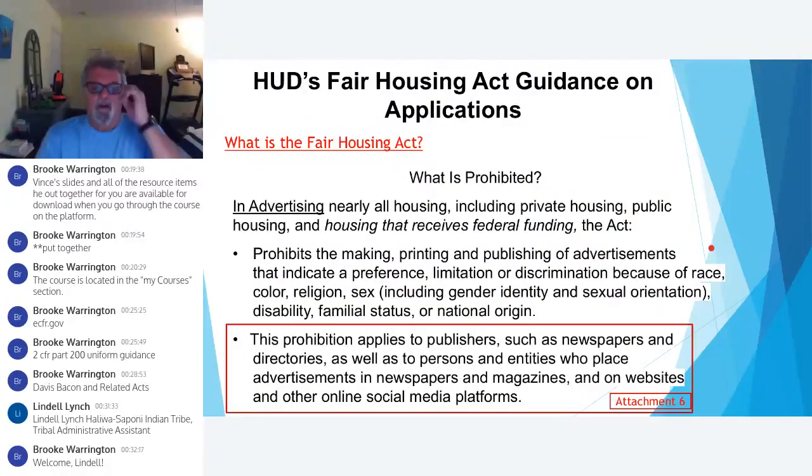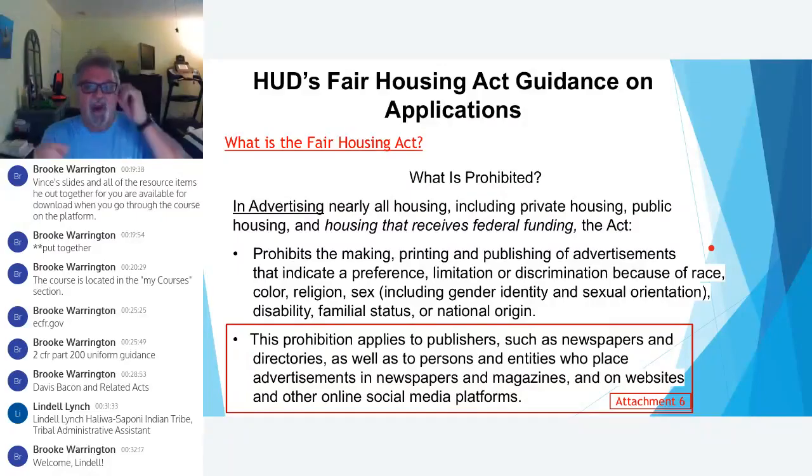Also in advertising, and I think this is probably the area where AI presents the most challenges and concern for myself, for HUD, and for the president's office.